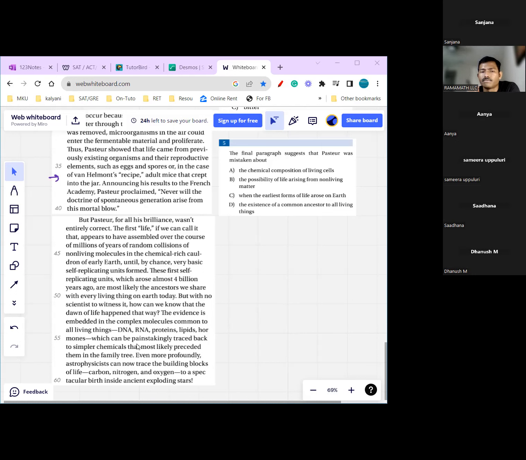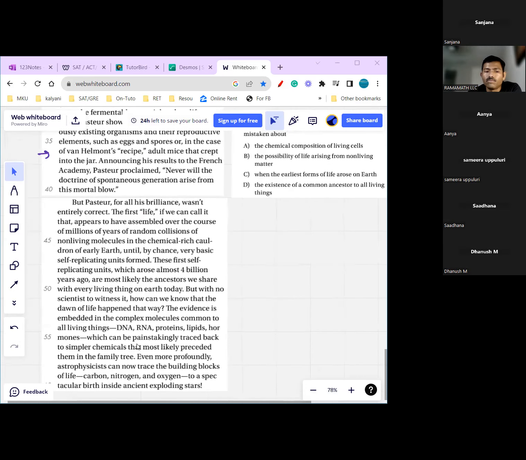It also says in the lines itself, the chemical-rich cauldron of the early earth. So these are the mistakes about the passage, the possibility of life arising from non-living matter.